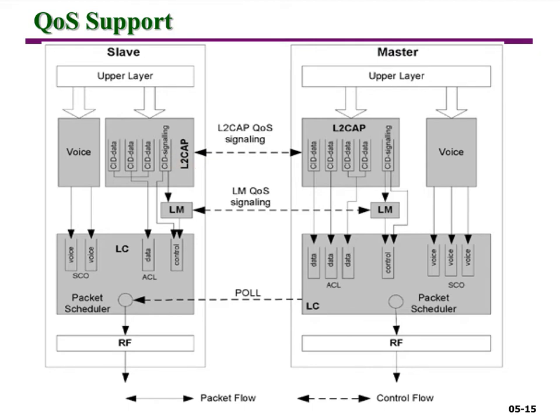So this is the first layer that takes the requirements of the application, and for that it uses some kind of higher level signaling. There are two different signaling levels as part of Bluetooth. There is the signaling which is done as part of the logical link control and adaptation protocol layer, and there is also the signaling that's done at the link manager level.